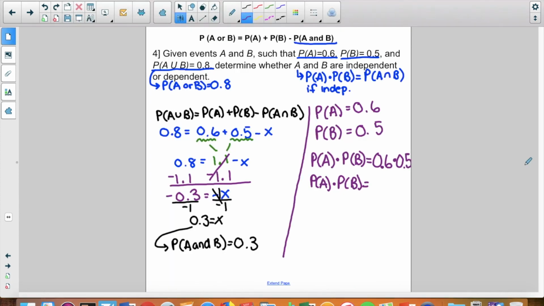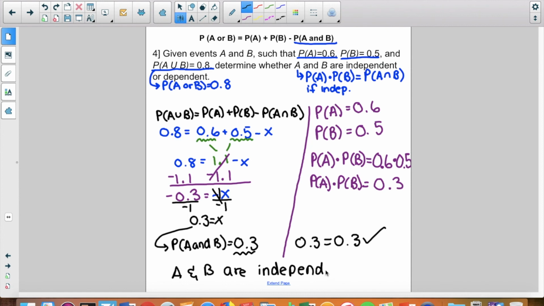That is equal to 0.3. Now the probability of A and B was also 0.3. So since 0.3 is equal to 0.3, that's correct. That tells us that A and B are independent.